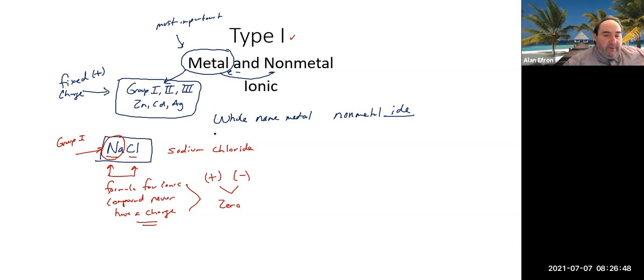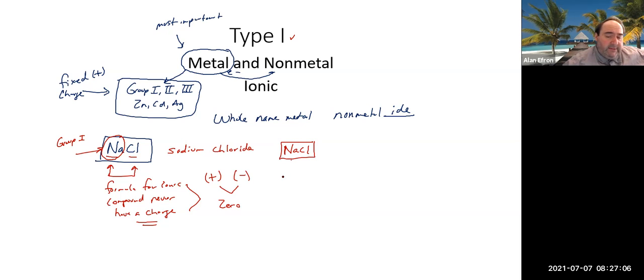Now, it's important to remember that when we look at something like sodium chloride, although the formula itself does not have a charge, it is still made up of two things that do have charges.